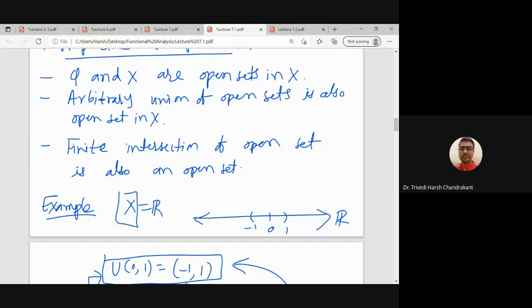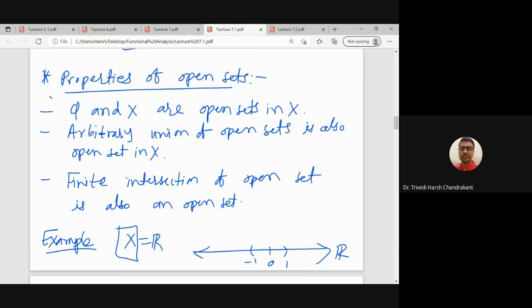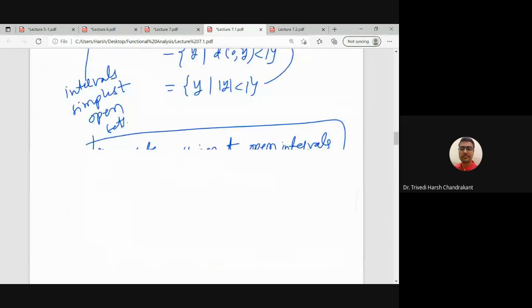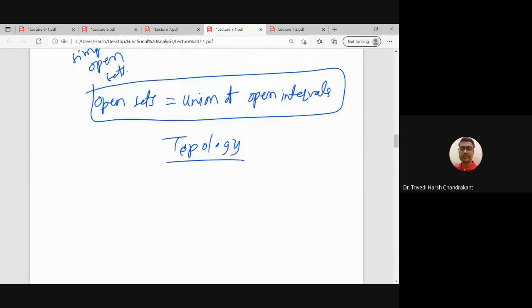Topology we are taking is any arbitrary set in which these three properties are satisfied. The collection of subsets of X which satisfies these properties are called open sets. And there we have the notion of basis.